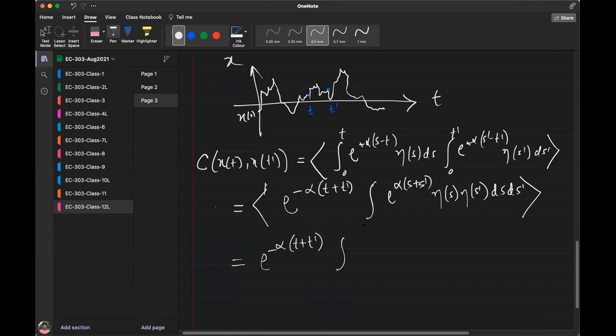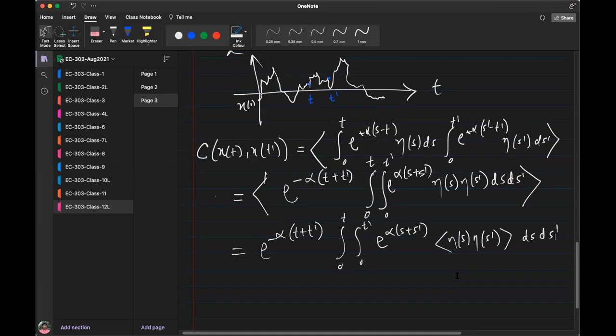So this space, by the way, I've very conveniently forgotten another integral. There are two integrals, right? One goes from 0 to t, and that goes from 0 to t prime. E power alpha s plus s prime, and again from this side, this is just the integral, the infinitesimals of the integration, they are not stochastic variables.